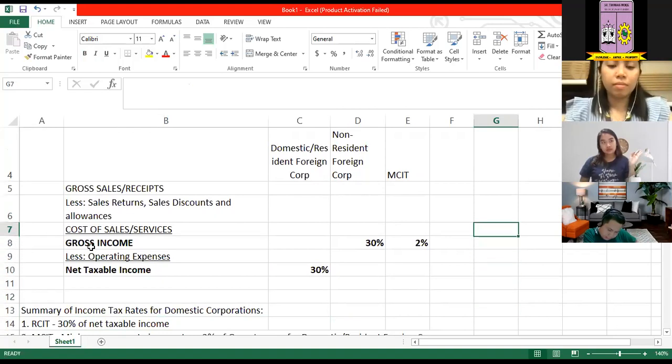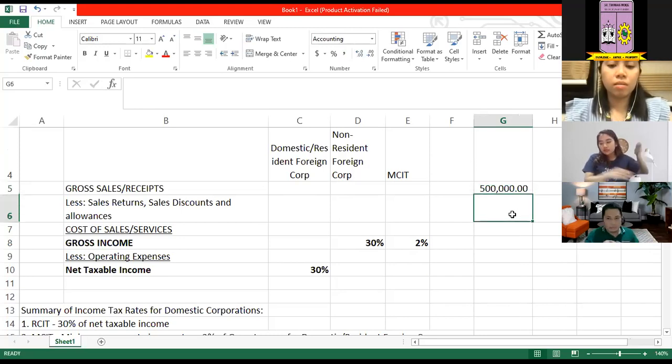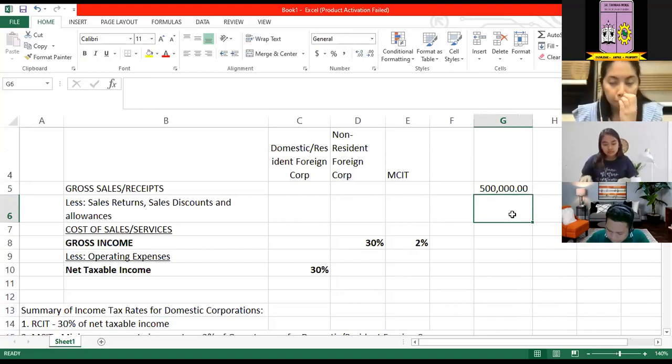Ganito na illustration. Kunyari, merong gross sales na 500,000. Ayan, prepare niyo yung calculator. Okay, I will call somebody to answer my question. Let us say yung sales returns, yung sa total 500,000 na gross sales mo, may isinauli kasi may sira, okay? Or may bulok na goods, o may sira na goods, so binalik, di ba?